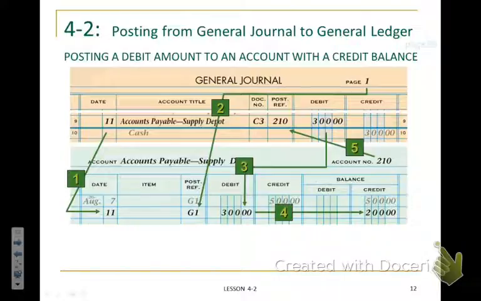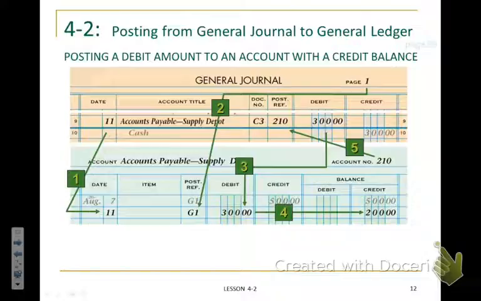This is where we're saying that we are reducing our accounts payable outstanding because we're paying down. We paid off the cash on that accounts payable outstanding, and so we're bringing the balance down in our accounts payable account. So we're posting it to our accounts payable account, account number 210, and now that's August 11th.